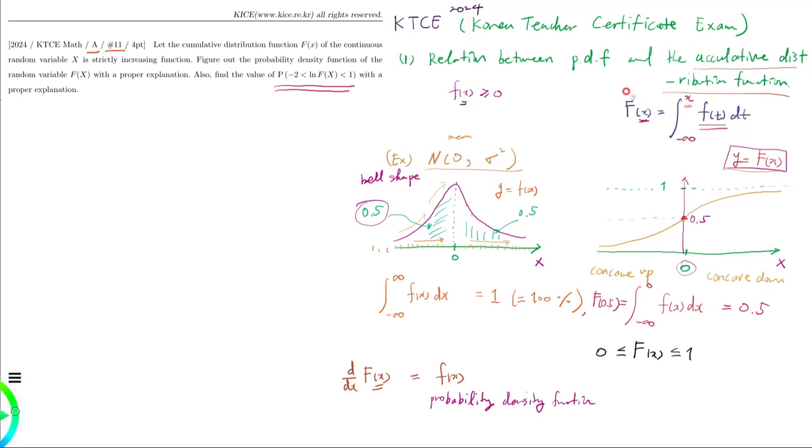This relationship comes from the integration form of the cumulative distribution function. So when you take a derivative with respect to x, we will have small f of x here by Newton's formula. Okay, let me erase this part. Let's directly dive into this problem.